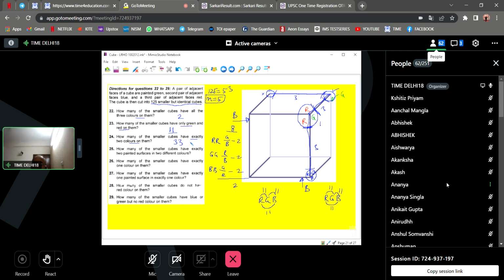Why not 12 into 3 plus 36? 12 into 3 is 36. See, उसको भी देख लेते हैं। How many of the smaller cubes have exactly two colors on them?